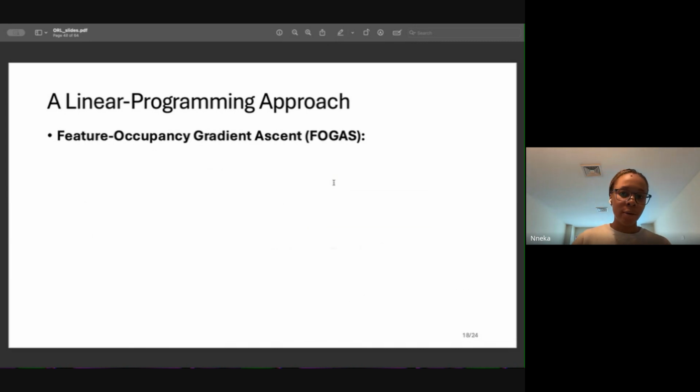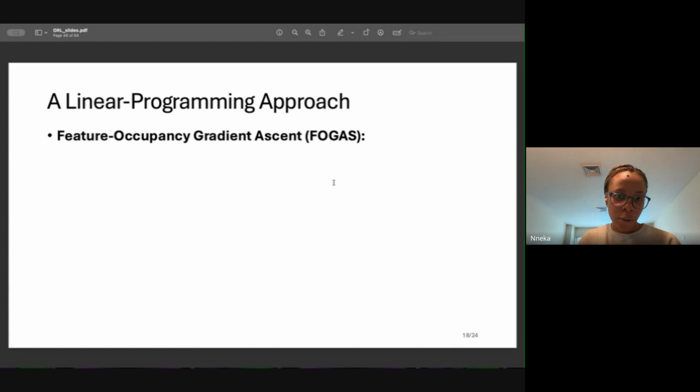So our method, Feature-Occupancy Gradient Ascent, basically attempts to approximately solve the min-max game, which I just presented, in two steps.